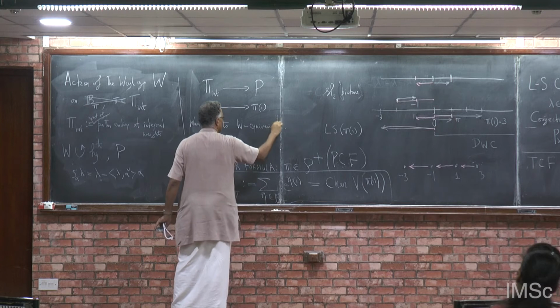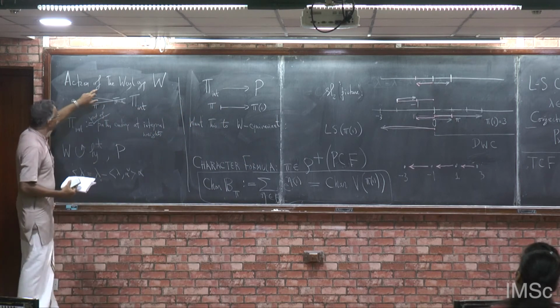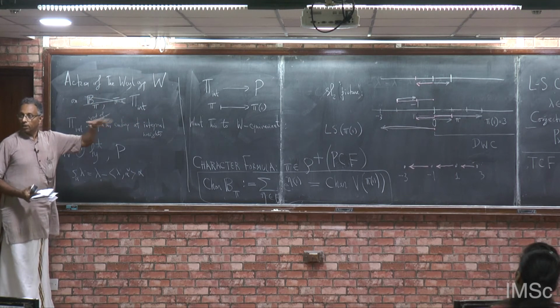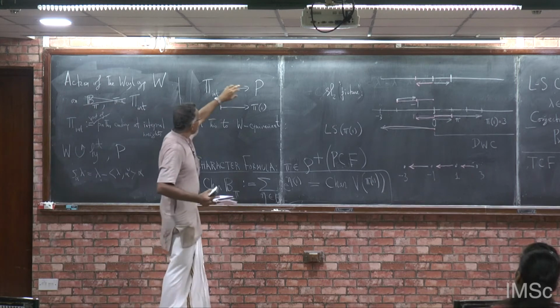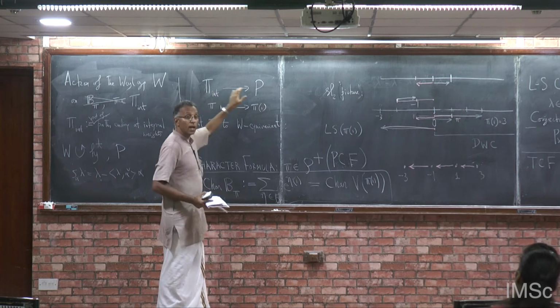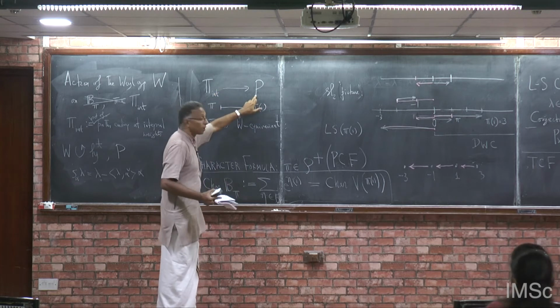So I'm stating a desideratum for the action even before we define it. If it's going to be useful at all, I would want the action to be such that this map is a W map. There is an action of W here.